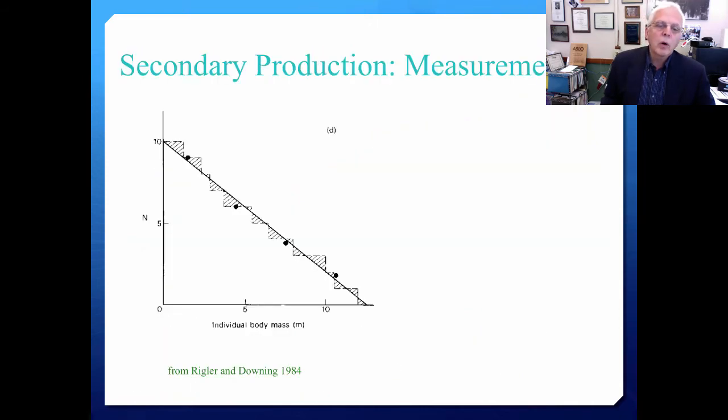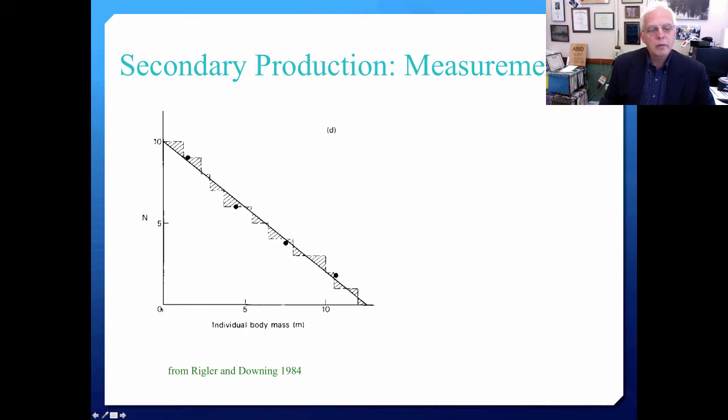Now, for a cohort of organisms, this is kind of the simple way to measure it. If we have a bunch of organisms who are all, say, hatched at a given time, at a very low body mass, and we have 10 of them that are born or hatched at that particular time, what happens is over time, as we pass down this line of time, this would actually be a timeline here.